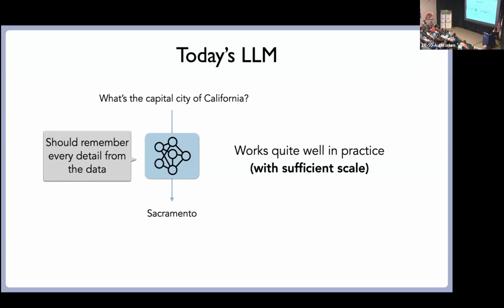And the problem is that we are making an assumption that training this neural net on a large amount of data is able to make the model remember every detail from the training data, which is not really true. It can remember facts if they're repeated over and over on the web, but if something is rare, it's not able to remember that.